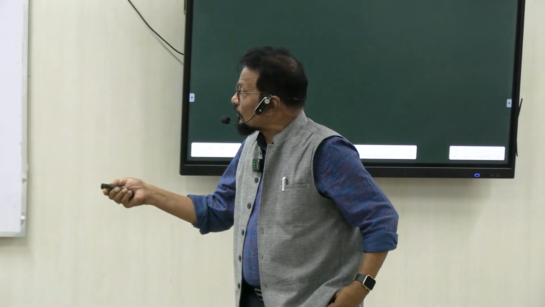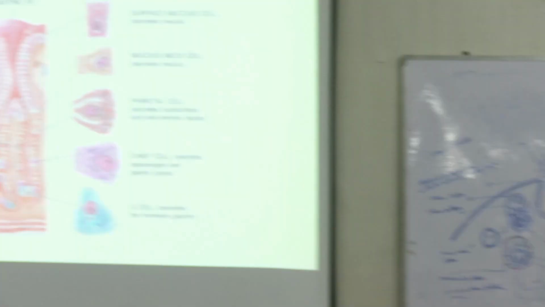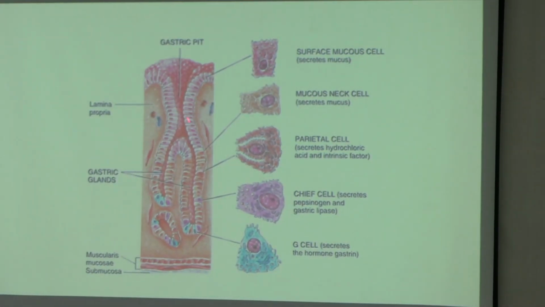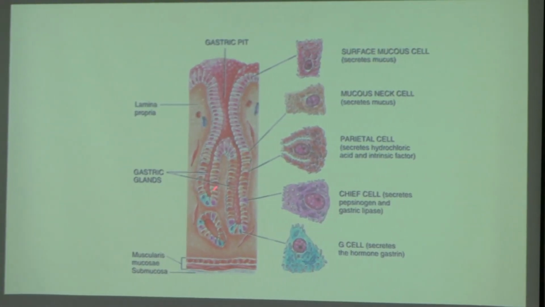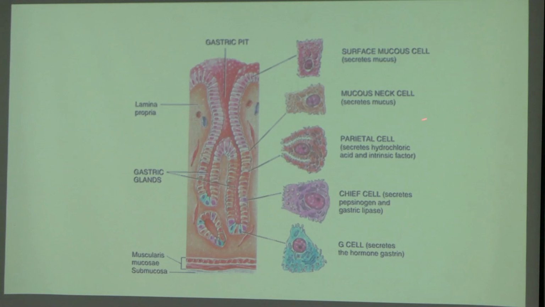These are columnar epithelium cells, and they produce mucus. These cells are called mucus cells. Mostly they are present here, and some mucus cells are also present in the glands. These are glandular mucus cells. Next are the parietal cells.